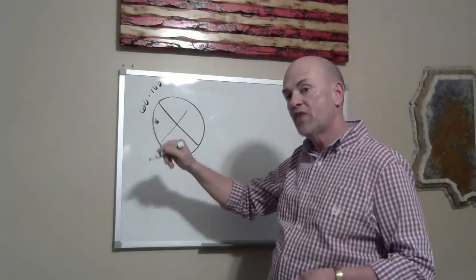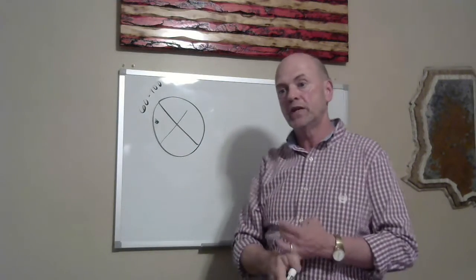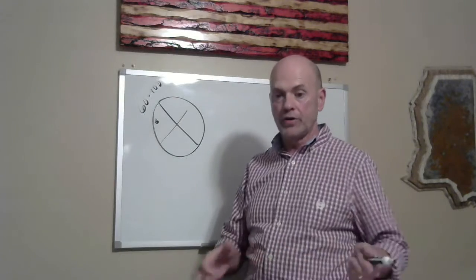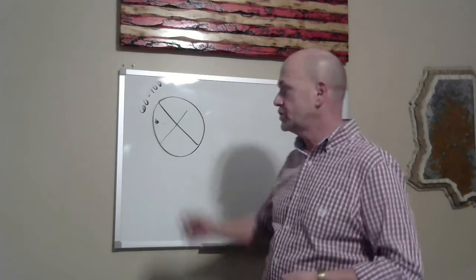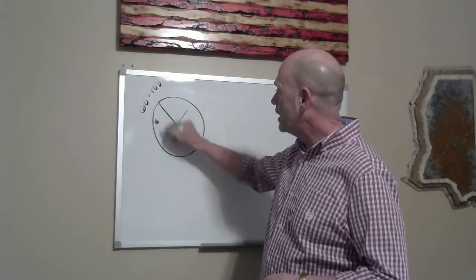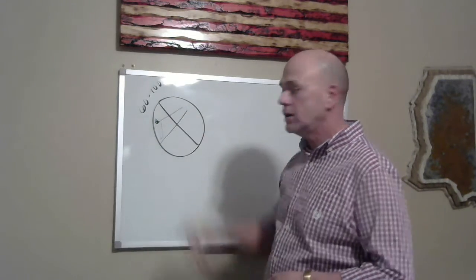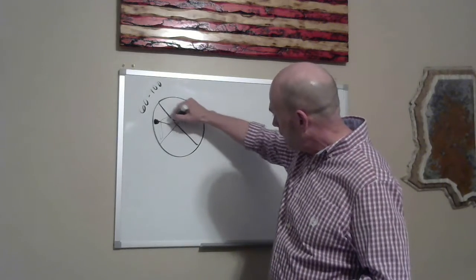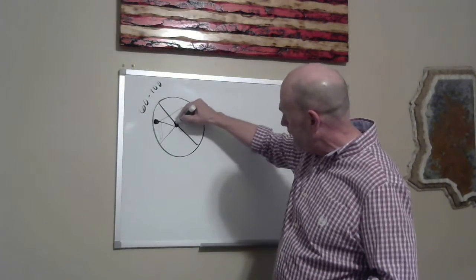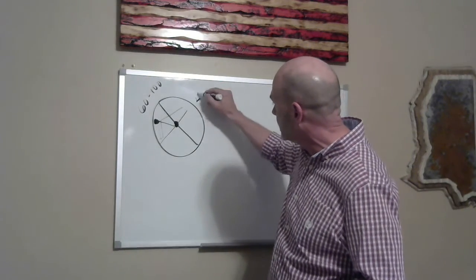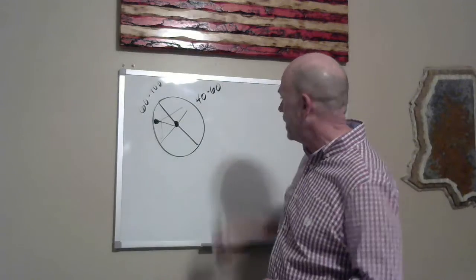The SA node fires, and once that electrical stimulus begins, it's an all or none concept. Once that electrical stimulus starts at the SA node, it moves across both atria simultaneously, and moves from the SA node through the internodal pathways down to the AV node, which has an intrinsic rate of 40 to 60 beats per minute.